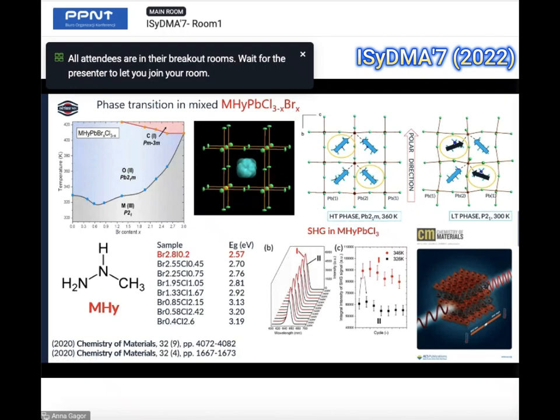But playing with composition is not the only thing that we do. It was interesting whether we can find another molecule which could enter the perovskite three-dimensional structure and be stable. And it appeared that there is such a molecule, the methylhydrazinium cation, which is shown here.